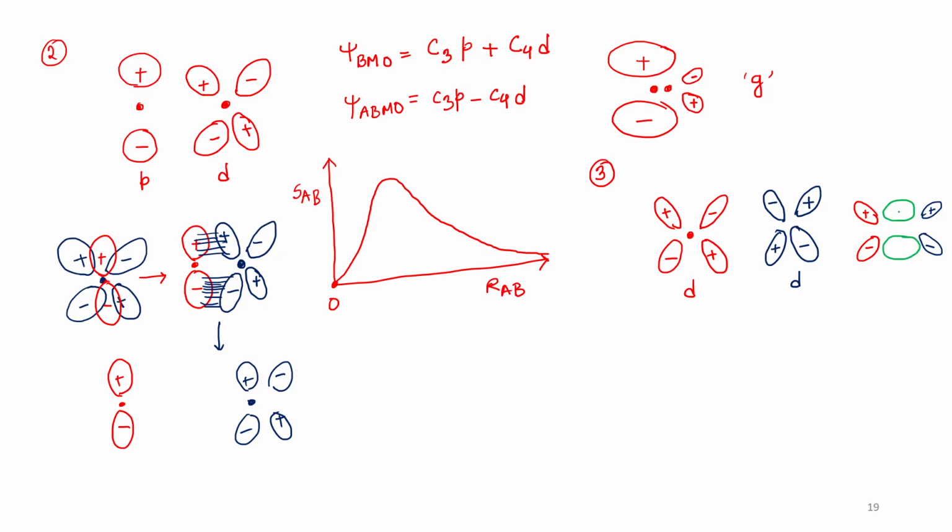Here it is minus, it is plus. There are nodes, right? These are nodes. Here are also some nodes, right? So you can see that this is going to be ungerade.